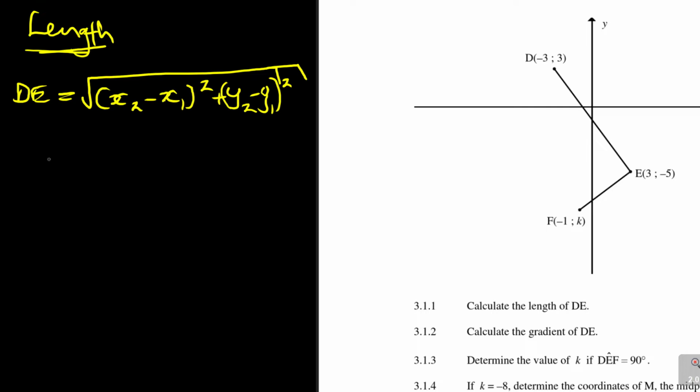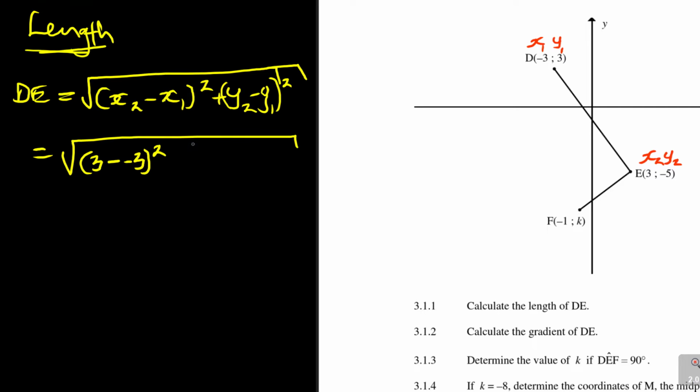Now it is up to you how you do your x2, your x1. For example, for my DE, the D becomes my x1, y1, and the E becomes my x2, y2. So DE is equal to the square root of x2, which is 3, put brackets there, 3 minus x1, which is negative 3, so it's 3 minus 3, squared.